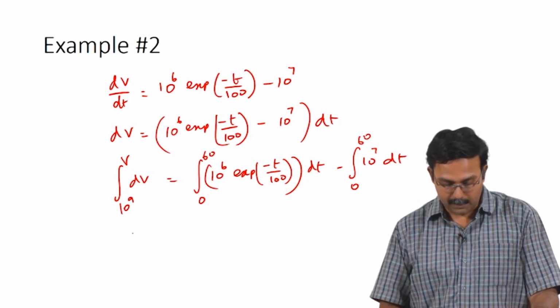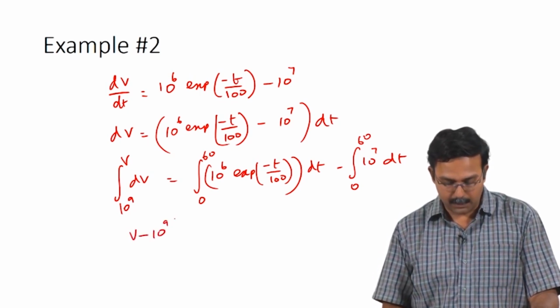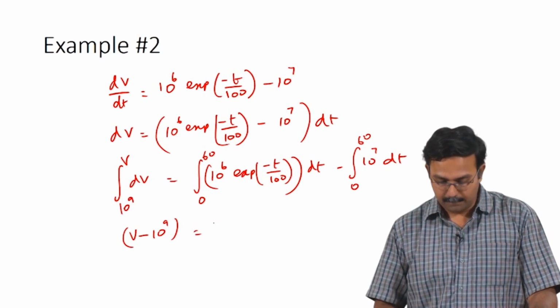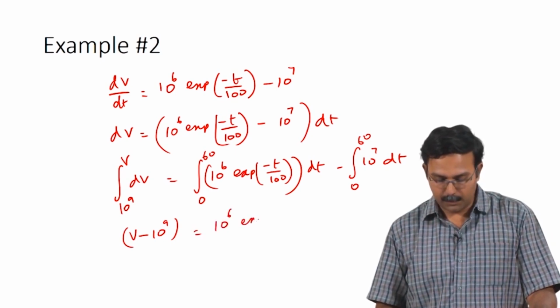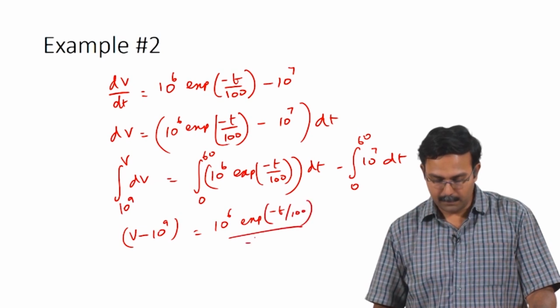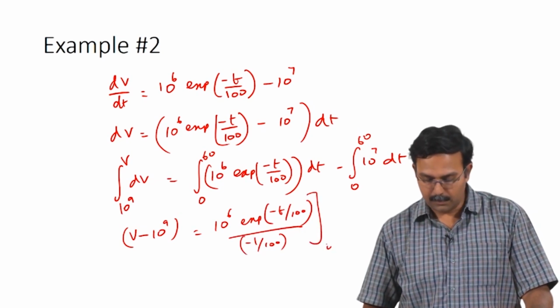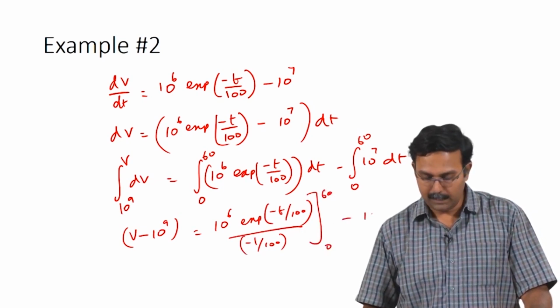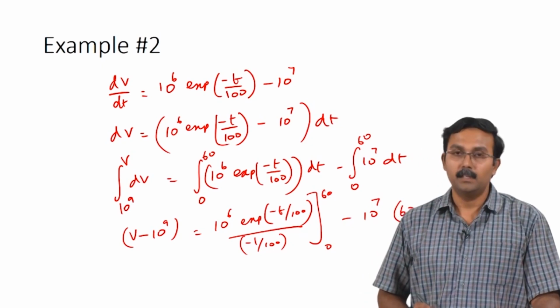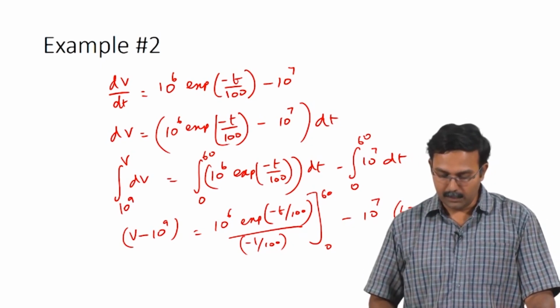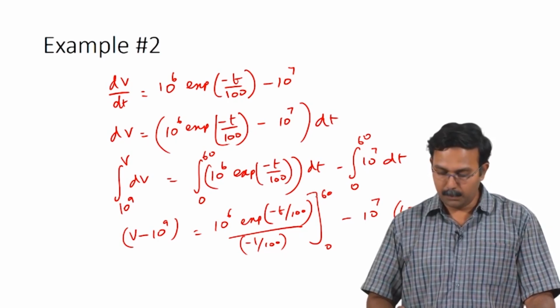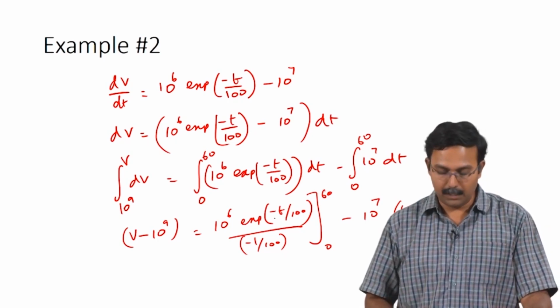This would mean the equation becomes V minus 10^9 equals 10^6 exponential of minus t by 100 divided by minus 1 by 100, with the limits of 0 to 60, minus 10^7 times (60 minus 0). We can substitute the values for t from the limits.